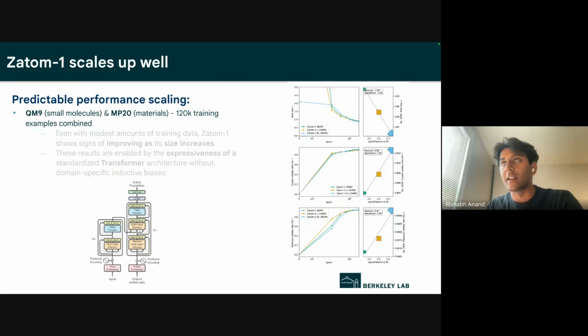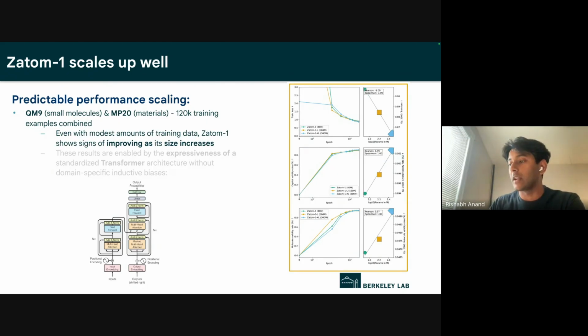I was mentioning scaling laws, and that is something that we have done some very preliminary investigation on over here. For QM9 and MP20, it's really nice to see that as you scale up model size while keeping compute and data constant, your performance increases, and your validity rate also moderately increases.